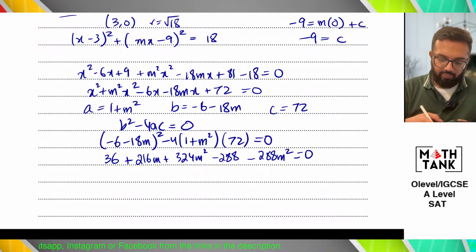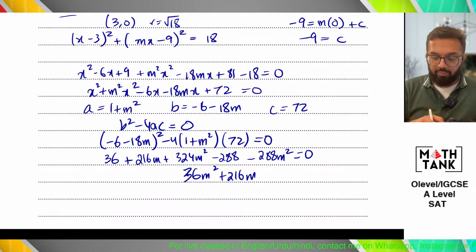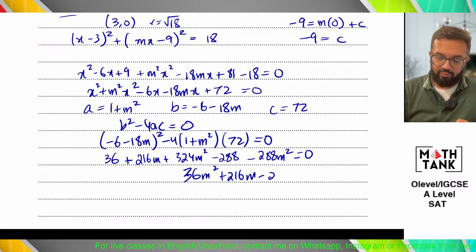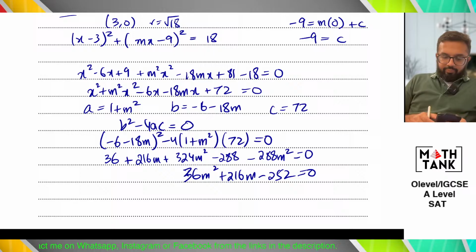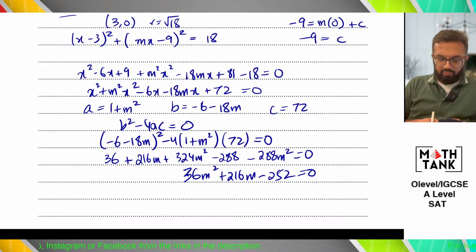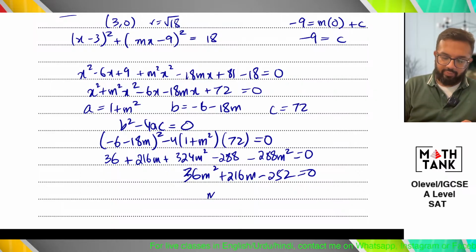So 324 minus 288 gives 36m squared, plus 216m minus 288 plus 36, and so on. And then minus 7. So m is 1 and m is minus 7.